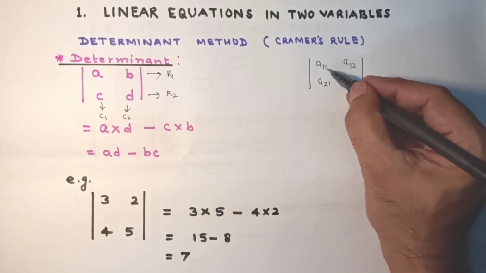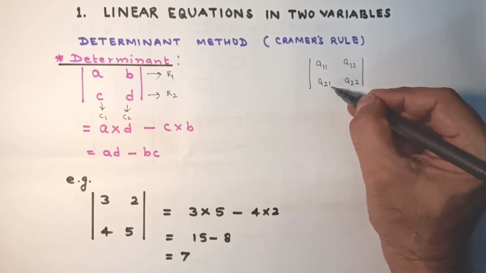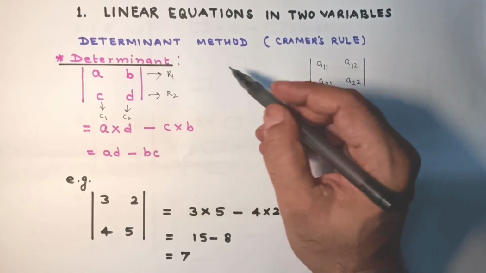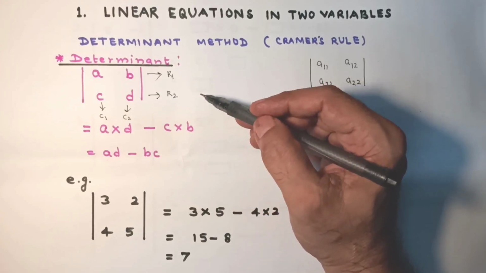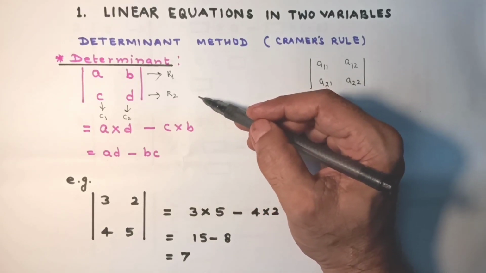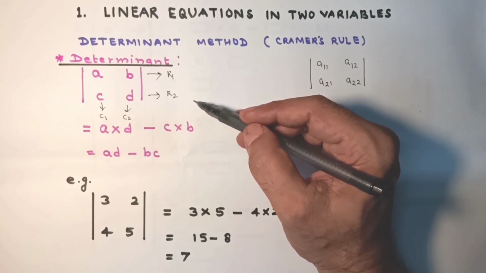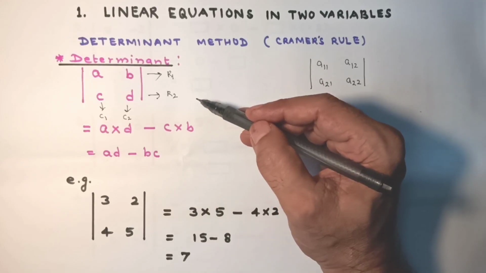First row, first column, first row, second column, second row, first column, and second row, second column. Now, you understood there are 2 rows and 2 columns. That's why the order of determinant is 2. When you say order of determinant is 2, that means number of rows is 2 and number of columns is 2, 2 by 2.